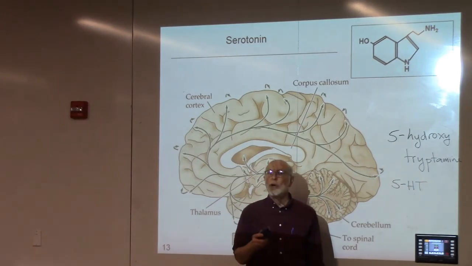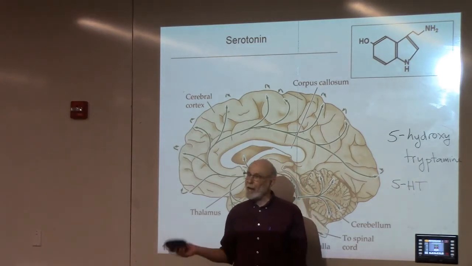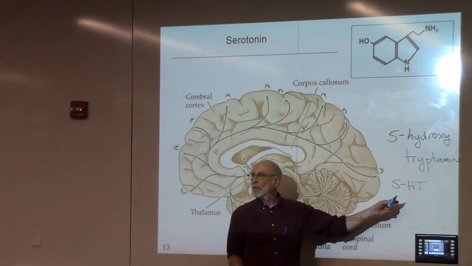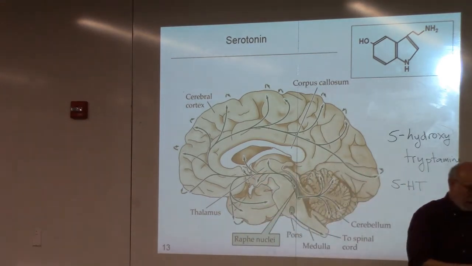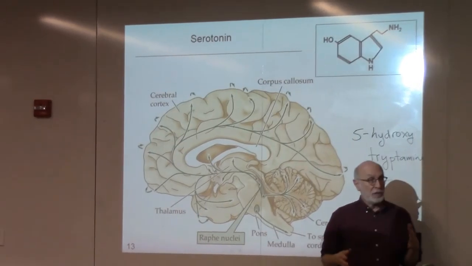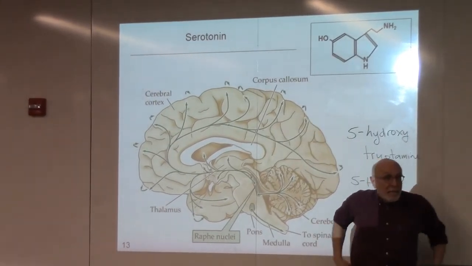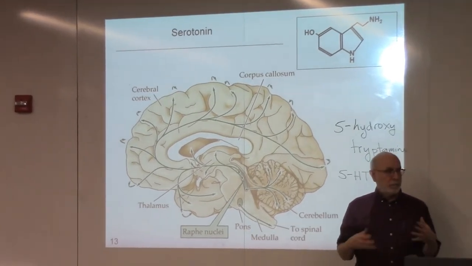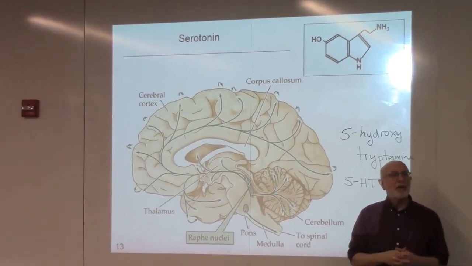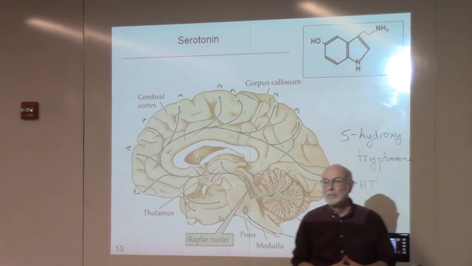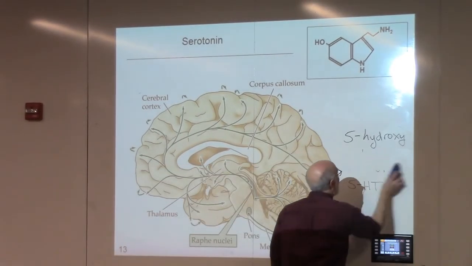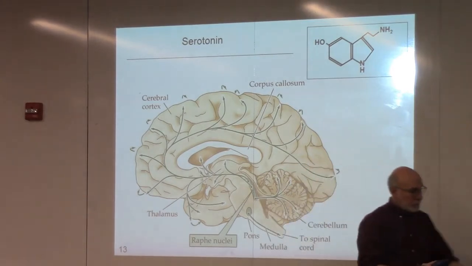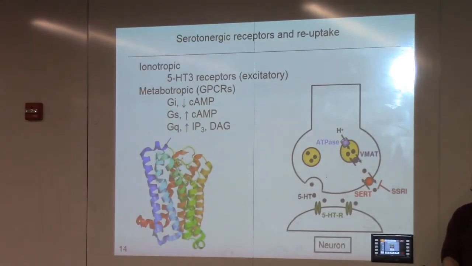So we don't say serotonin 1 receptors and serotonin 3A receptors. We talk about 5-HT3 receptors and 5-HT7 receptors. I will use the word serotonin. And if I make a mistake and I say 5-HT, just catch me. Say, we're talking about serotonin, right? Oh, yeah, that's right.